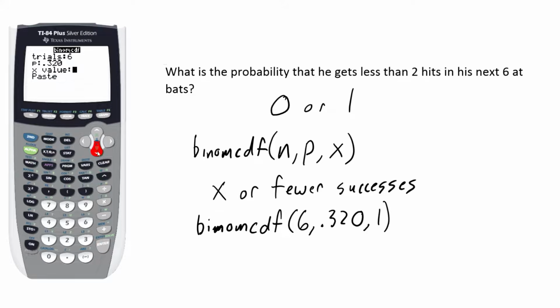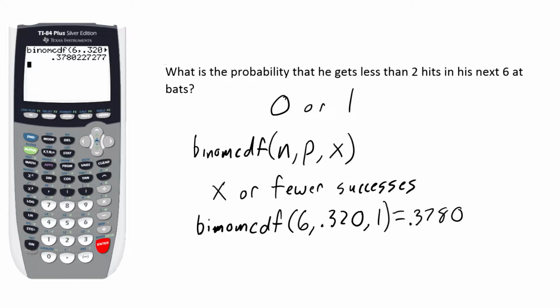And then the number of successes or fewer that we want is 1. And so again, some of you may not have this menu option here, but you can just type it in, same 3 numbers as we did in the last video. And so what we get is this probability is about 0.3780.